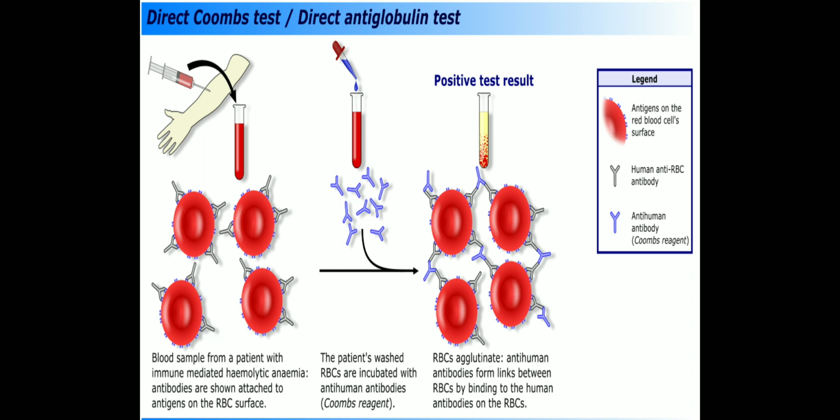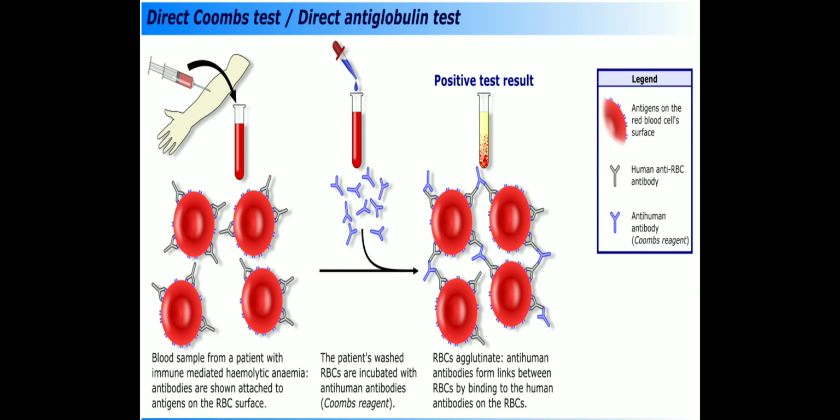In autoimmune hemolytic anemia, we are suspecting that the patient's RBCs are coated with antibodies. So we take that sample, and the patient's RBCs are washed and incubated with anti-human antibodies.